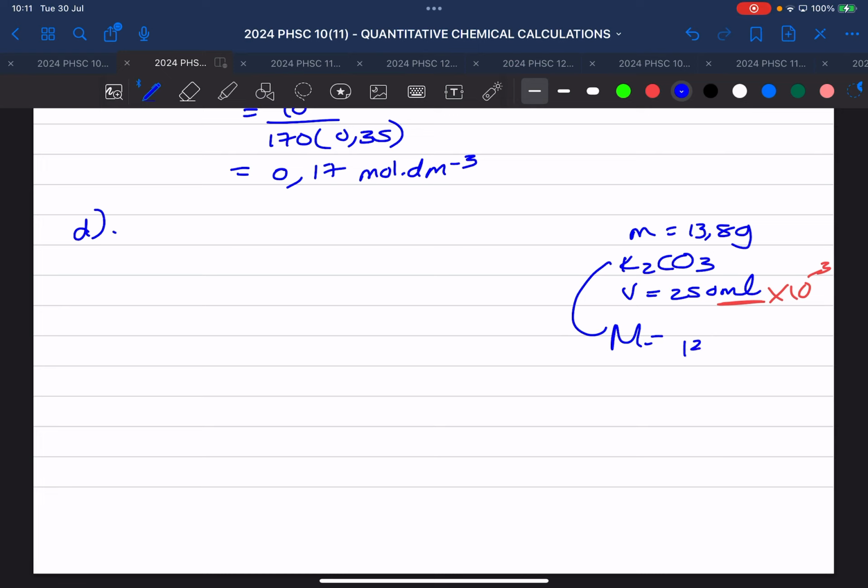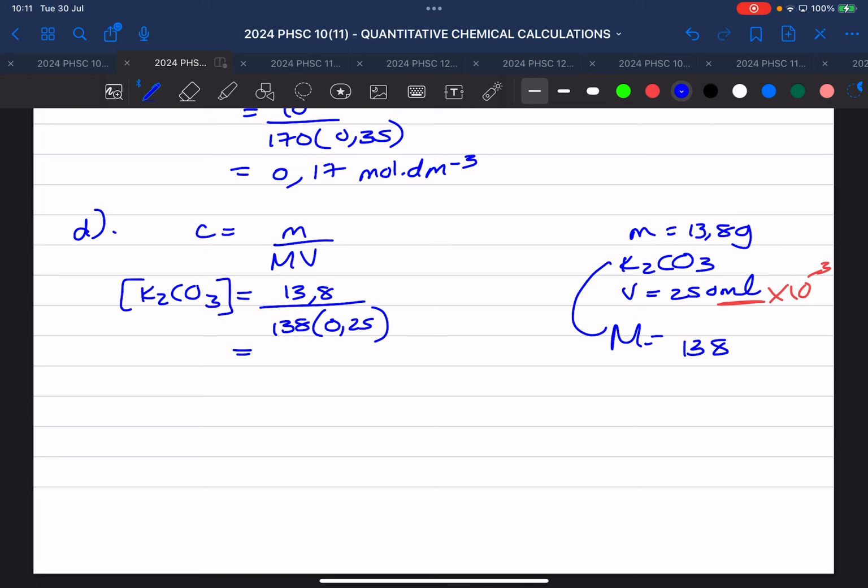Okay. Now, when we calculate the concentration here, Carabello, what concentration are we calculating? For the whole thing. So here we calculate the concentration for the whole molecule.